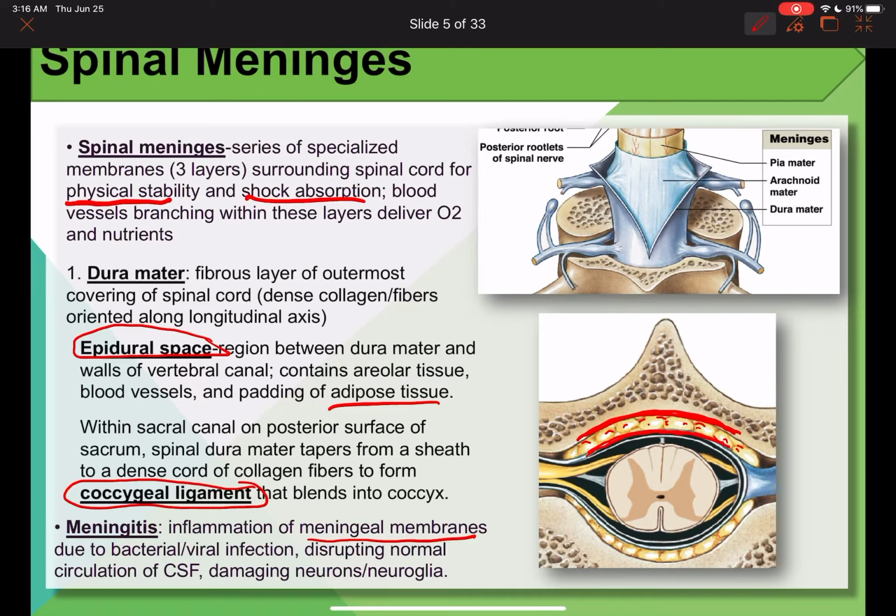Now, due to the presence of the blood-brain barrier we talked about between the central nervous system and the rest of your cardiovascular system, there are limits on the type of medications that can be used to treat meningitis, if it is necessary. Not all meningitis will require medications. A lot of times it may recover on its own, letting your immune system do its job.